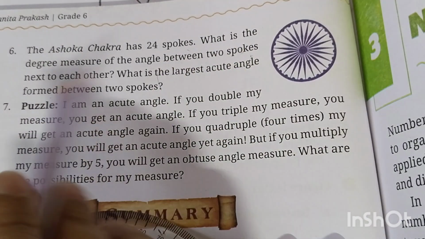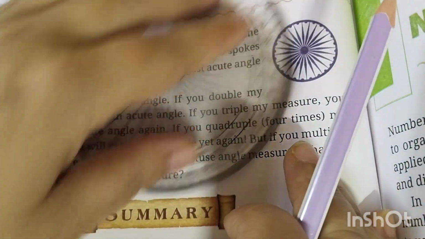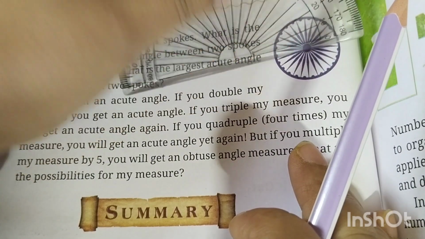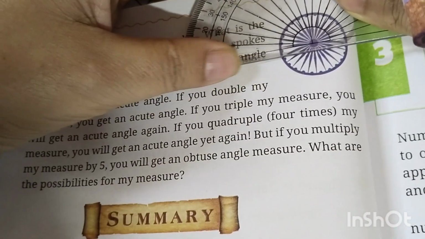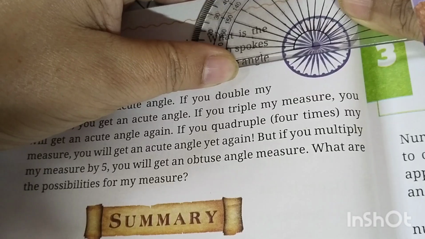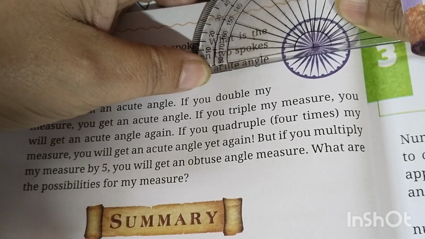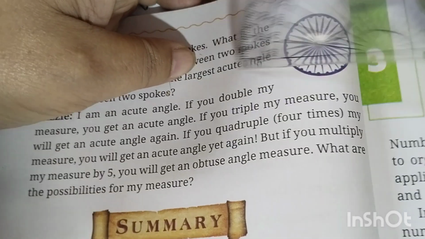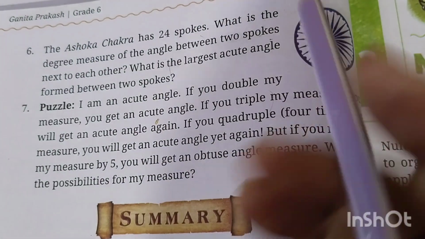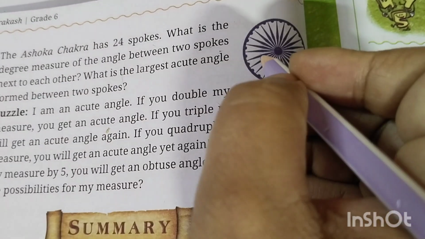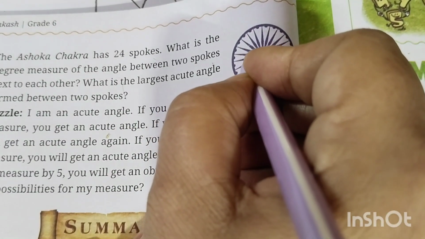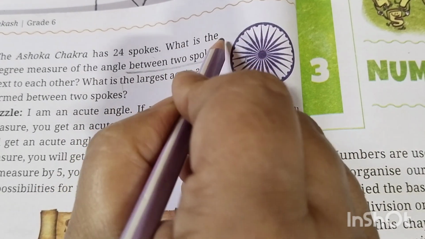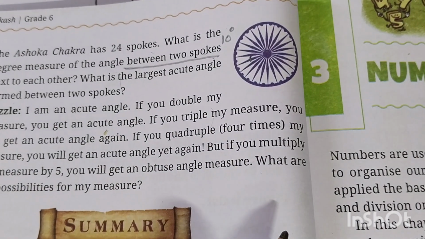Degree measure of angle between the two spokes, it is of 10 degree, right?